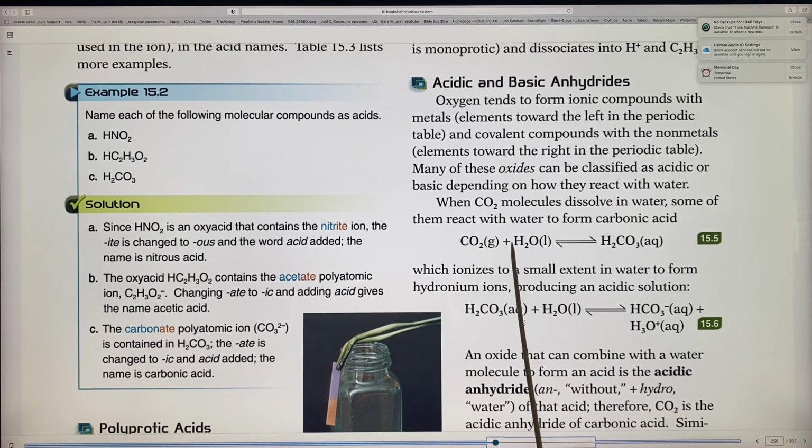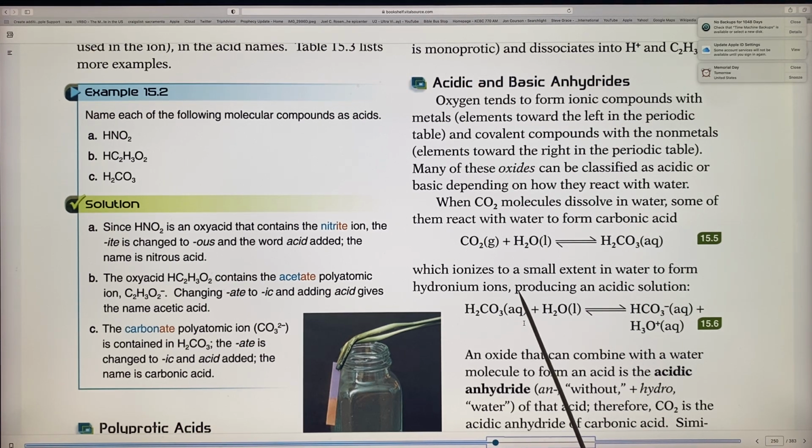hydrogen ion. So when carbon molecules dissolve in water, some of them react with water. So we have carbon dioxide and water to form carbonic acid. This is very important because it actually goes on in our body too. So we have a carbon dioxide here reacting with water, and we get carbonic acid. This is a buffer system in our body.